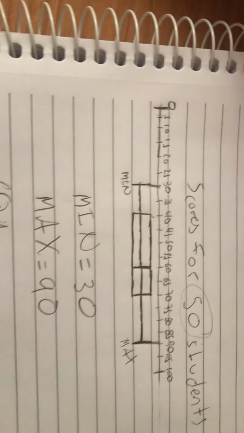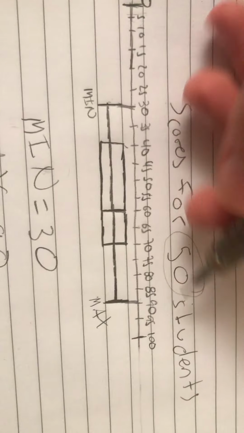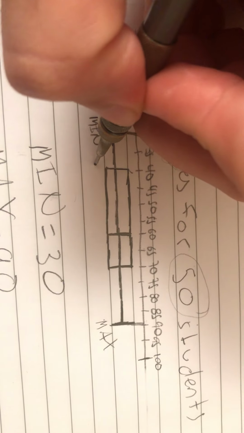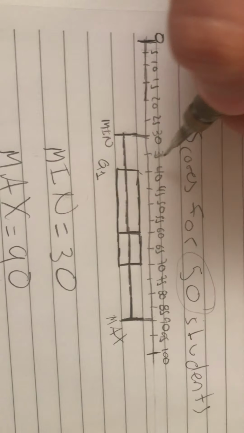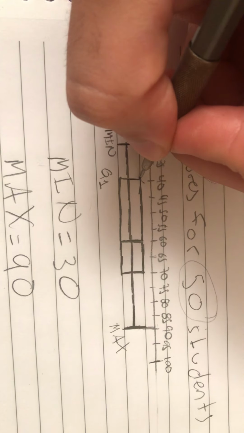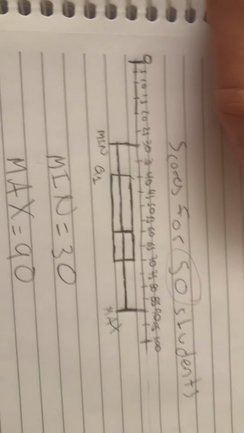Now Q1, so it's called a box and whiskers diagram because it has a box in the middle. And what does this box represent? So this first line over here represents Q1, which is 25% of the values. So this line corresponds to exactly 25% of the values.